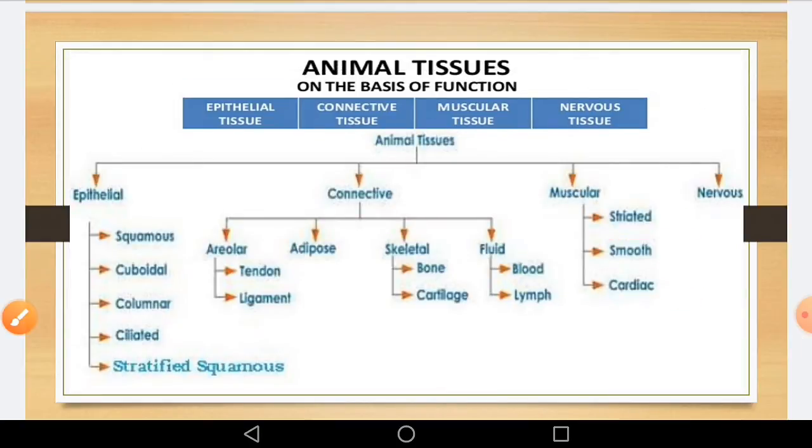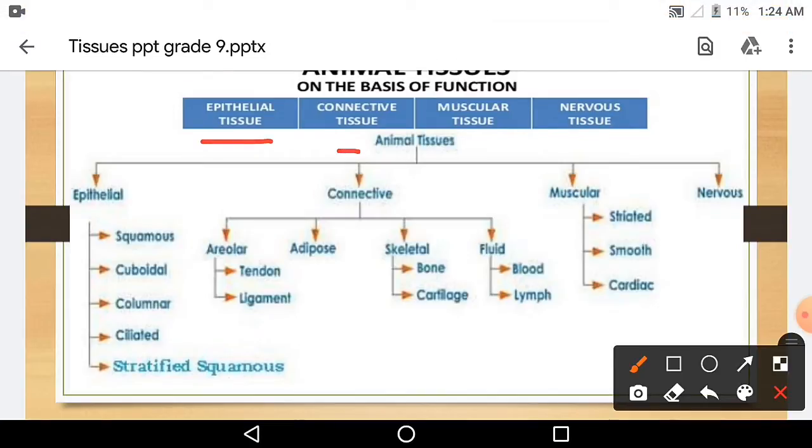So animal tissue is classified into four main parts: epithelial, which forms the outermost covering, connective, muscular, and nervous. Epithelial is further classified into squamous, cuboidal, columnar, ciliated, and stratified.